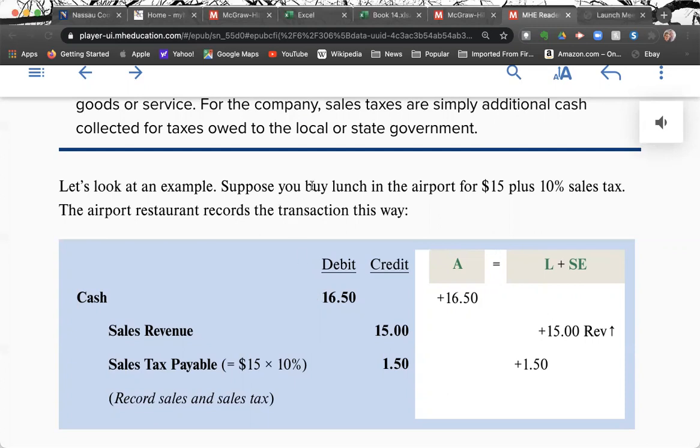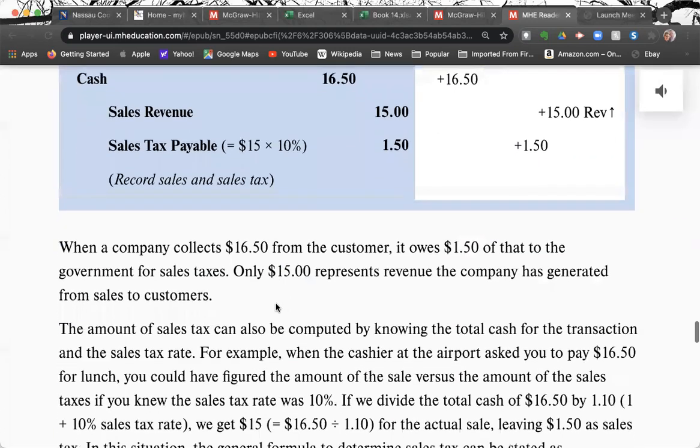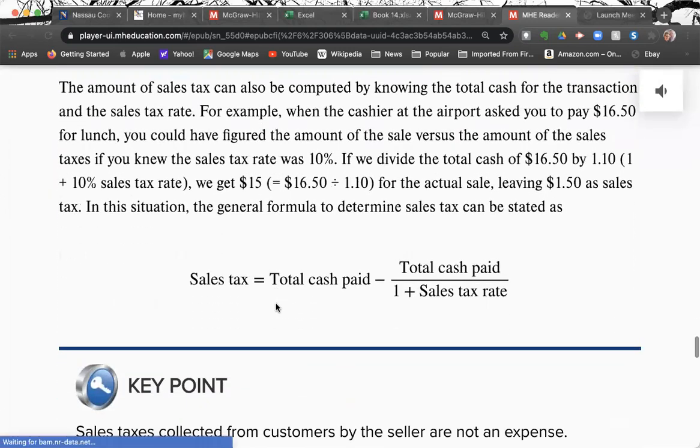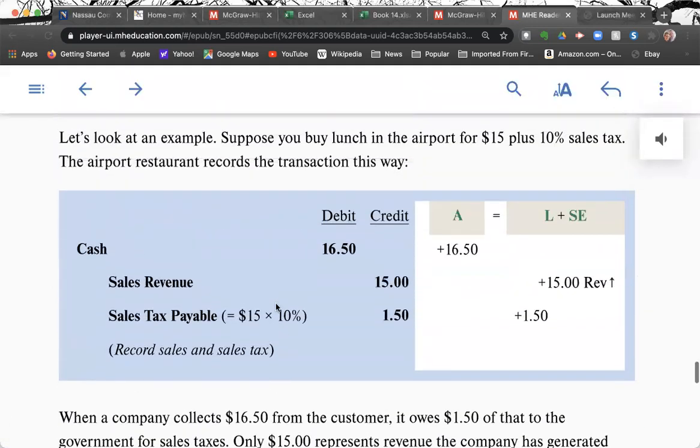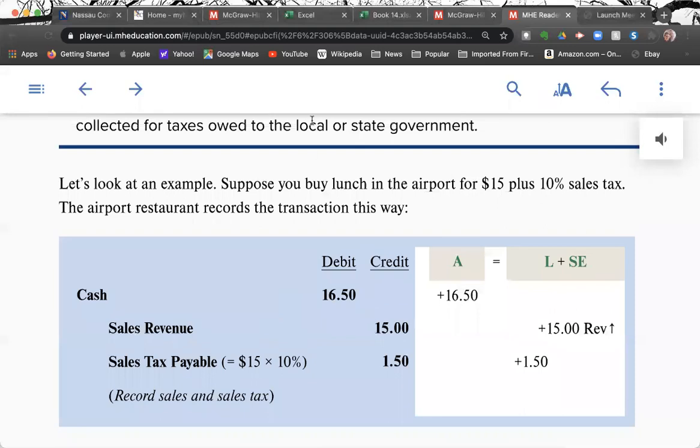In this case, the place you bought lunch. Right? So the lunch cost $15. That's sales revenue. The taxes on that were $1.50, debit cash for the total. Right? That's all there is to it. No more complicated than that.